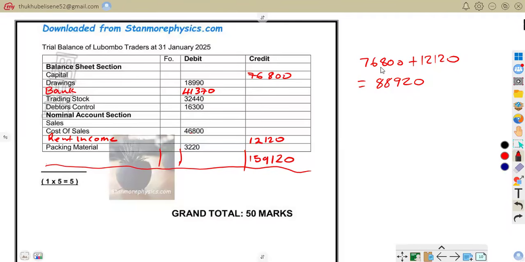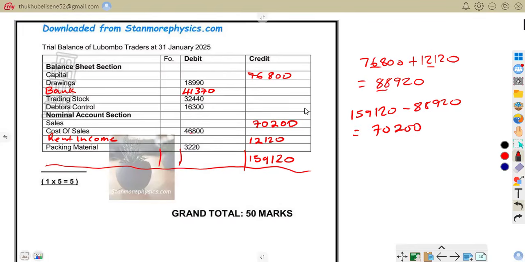When we add this plus this, they're going to give us 88,920. Then you're going to say 159,120 minus 88,920. Then it will give us 70,200, which is our sales, and our sales has a credit balance, 70,200. So that is that.